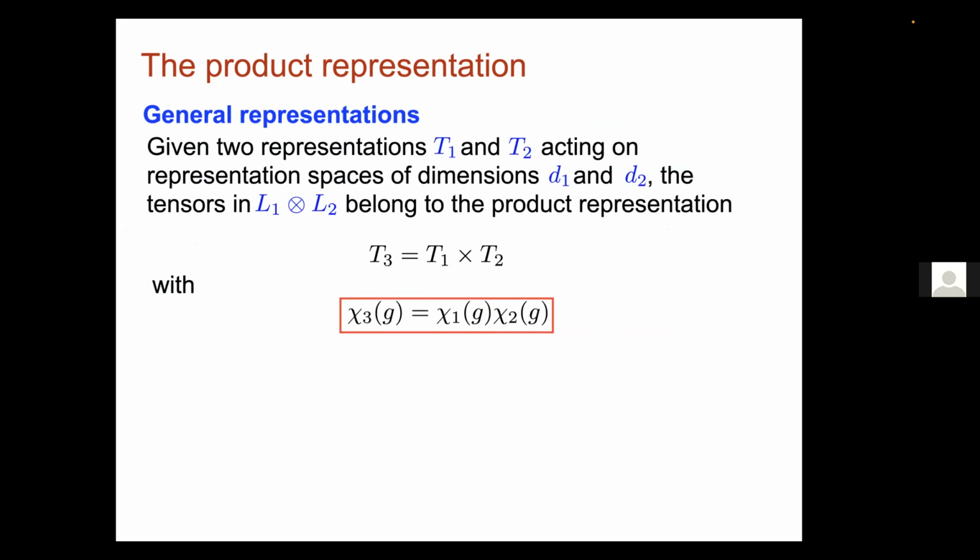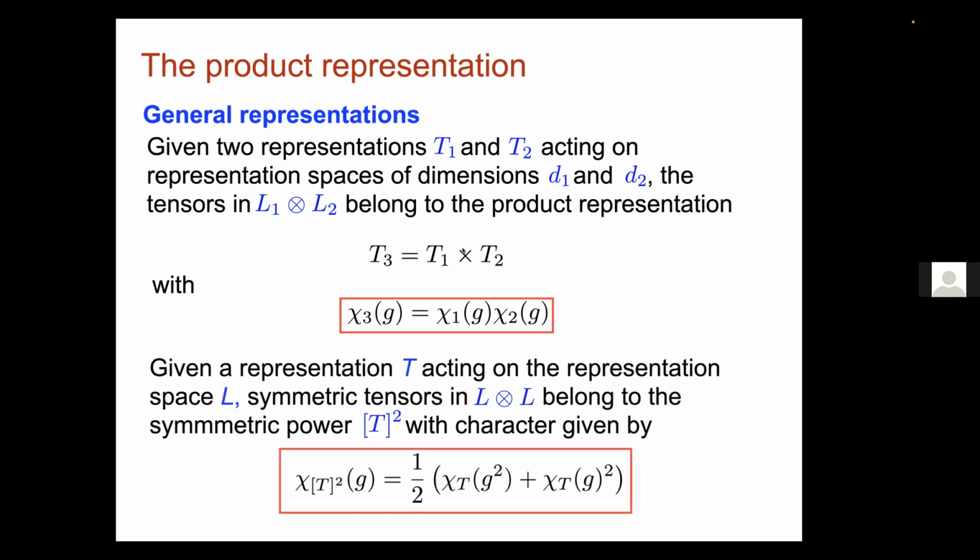This can be generalized to different representations, T1, T2, as you know. Of course, the symmetric product cannot be generalized to different representations because it cannot be symmetric. It's only for one representation. To have a symmetric object, I always have to have equal spaces. But the formula is still the same, okay?